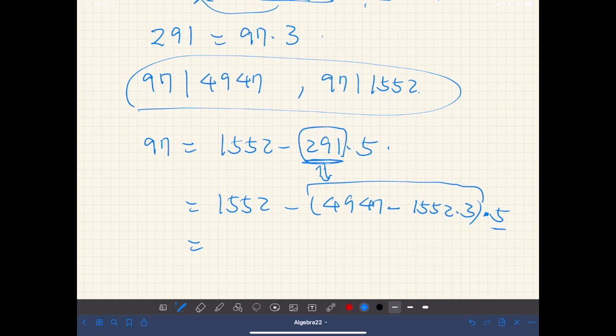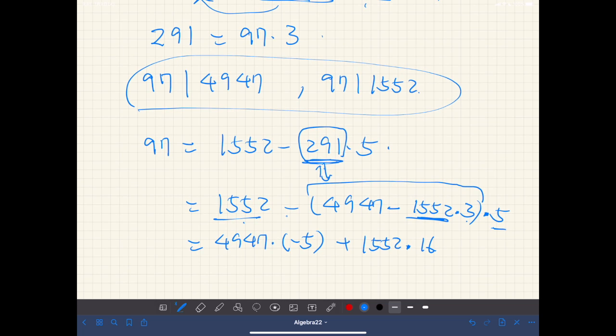By calculating and expanding this, we have 4,947 times negative 5, and plus 1,552 times 1 plus 3 times 5, so that's 16.